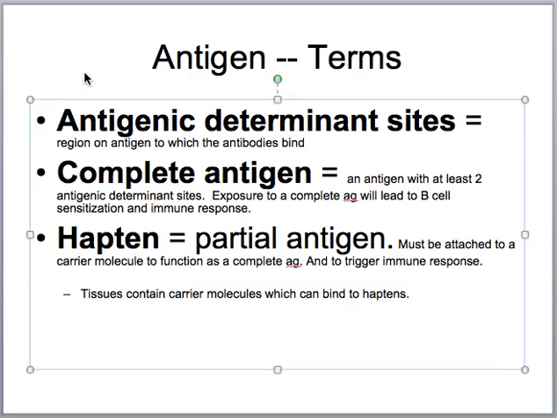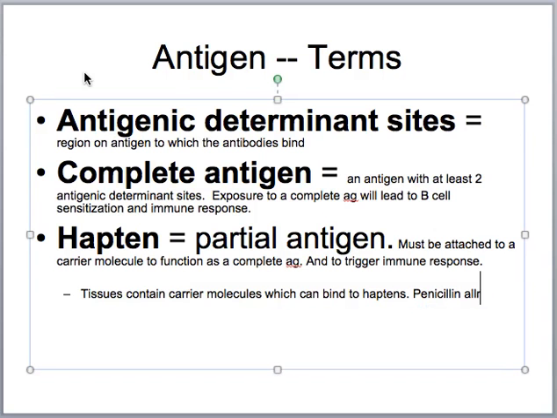In some people, tissues have these particular carrier molecules that will bind to the penicillin, and penicillin alone is just a partial antigen. But when it binds to the carrier molecule that certain people's tissues have, it will form a complete antigen.